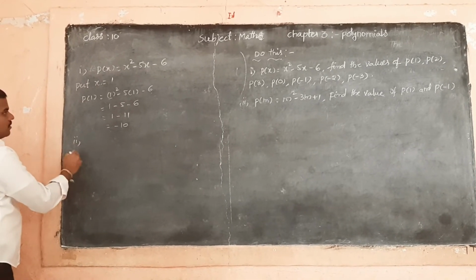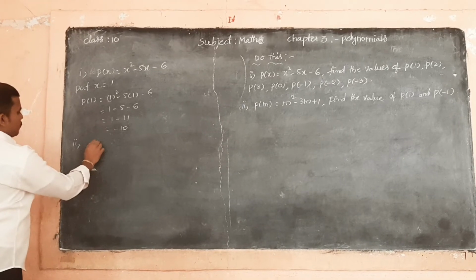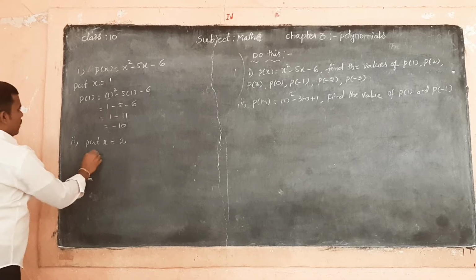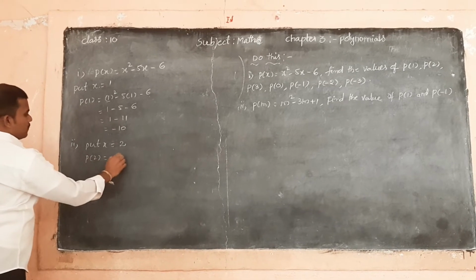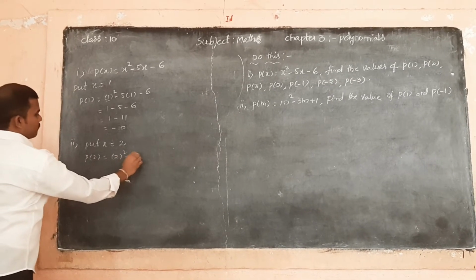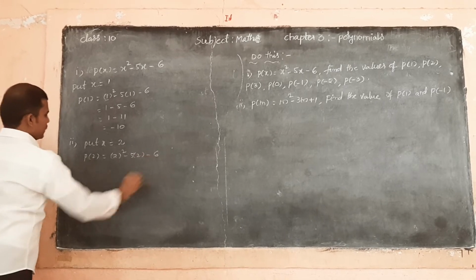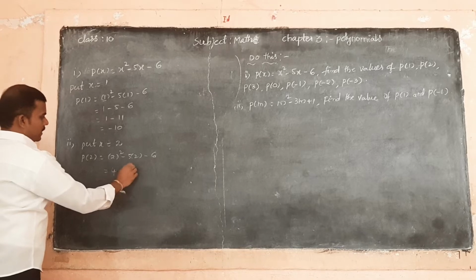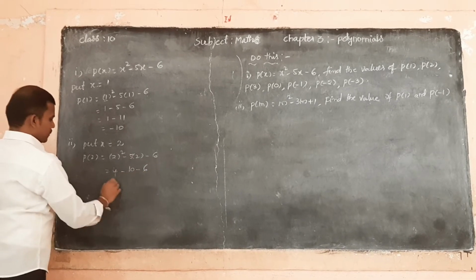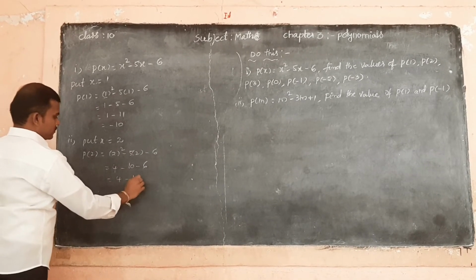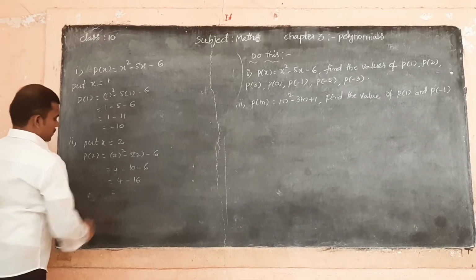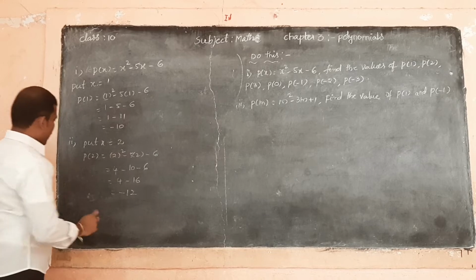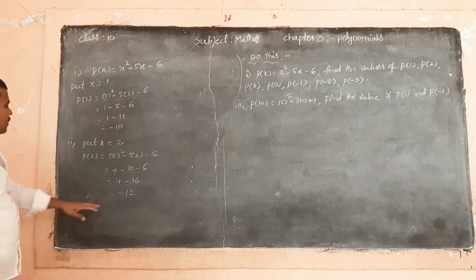Next, second one. Put x is equal to 2. So p of 2 is equal to 2 square minus 5 into 2 minus 6. 2 square means 4, minus 10 minus 6. 4 minus 16, which is minus 12. So the value of the polynomial is minus 12.